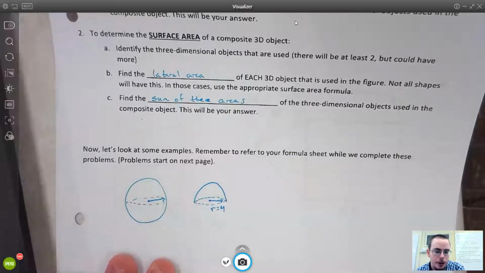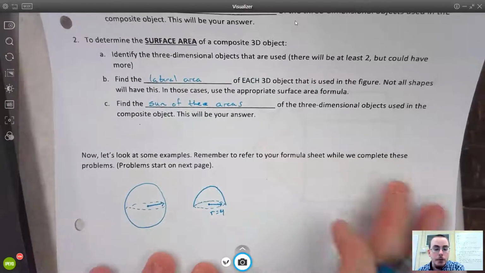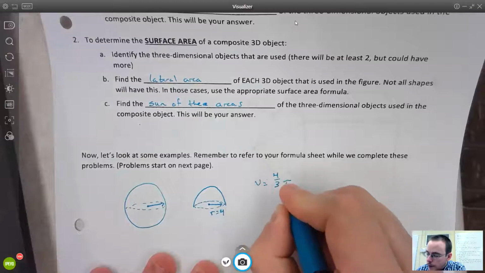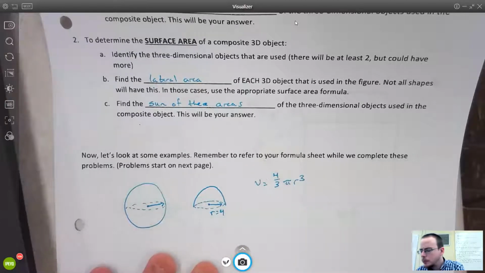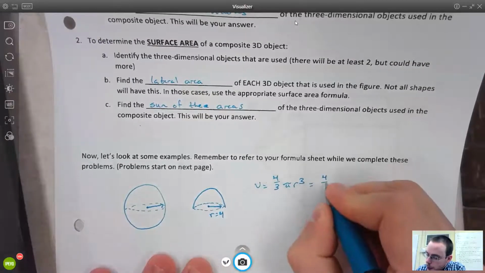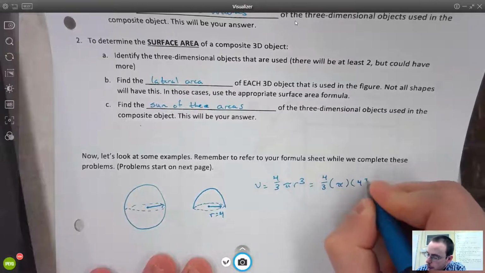So for example, if my radius is 4, I'm going to use the volume formula, 4/3 pi r cubed, to find the volume of the total sphere if the radius was 4. So I get 4/3 times pi times 4 cubed.